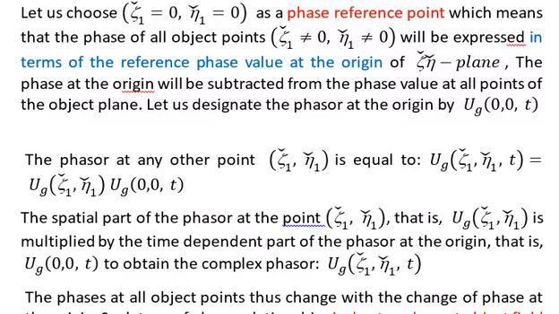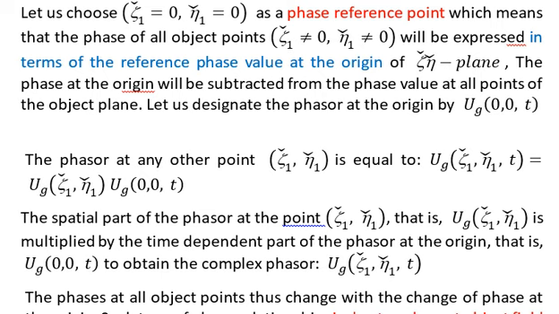So the phasor at the other points, that is at zeta 1 and eta 1, is UG at zeta 1, eta 1 and time, which is equal to the spatial part of the phasor, UG of zeta 1 and eta 1, and the time dependent part of the phasor, which is UG of 0, 0, t.